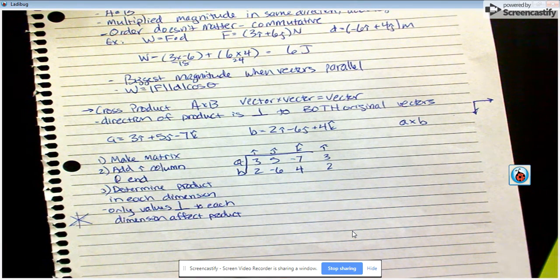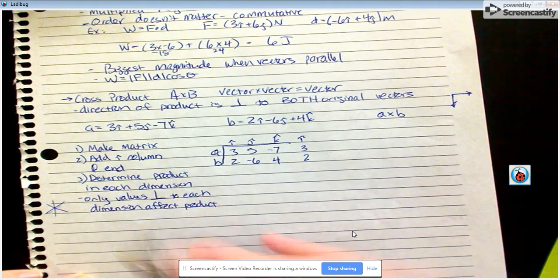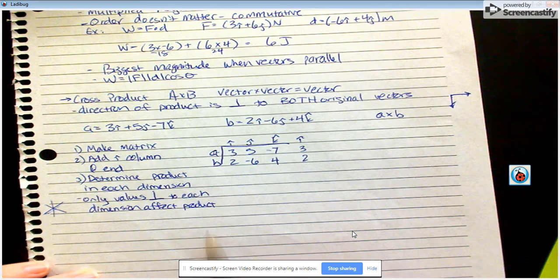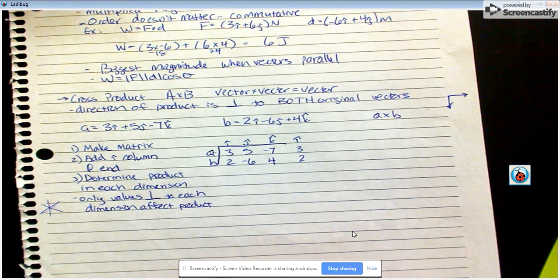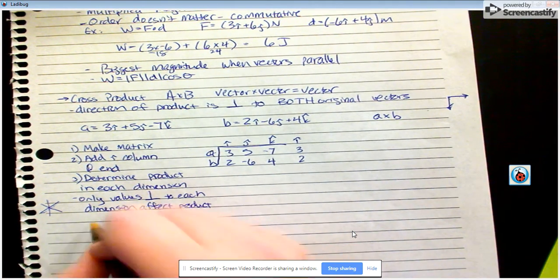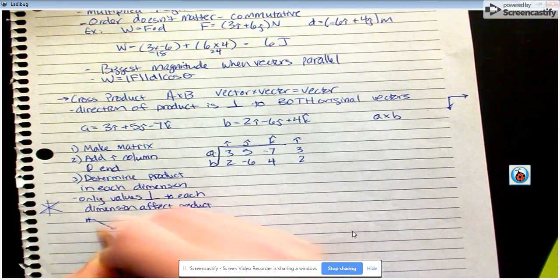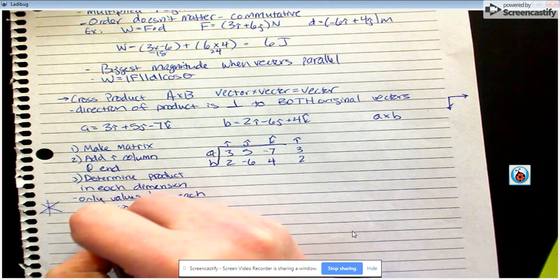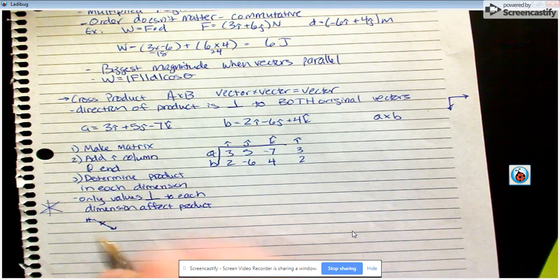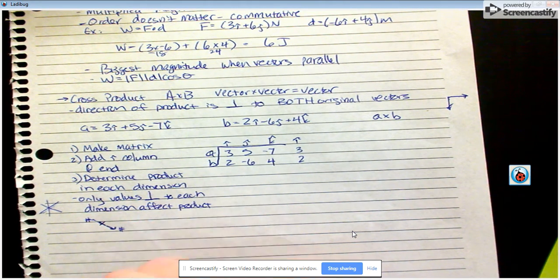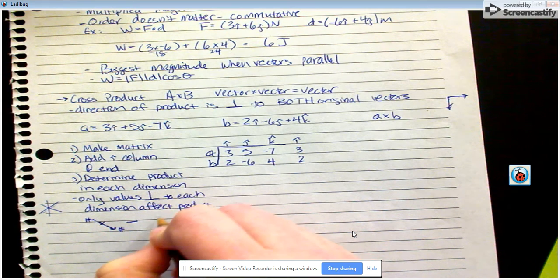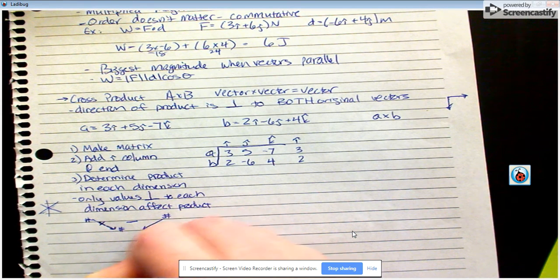So that's just in context, a way to think of how only the values perpendicular affect the actual product. So what we're going to do, we're going to go this number times, so we're going to multiply this number minus this number times this number.